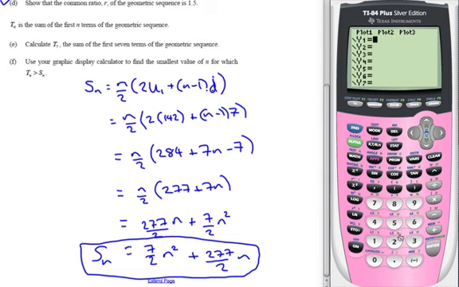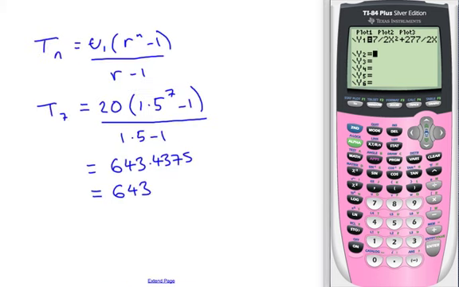The sum of the arithmetic sequence is 7 over 2 x squared, add 277 over 2 x. And then my other sequence I get from here.